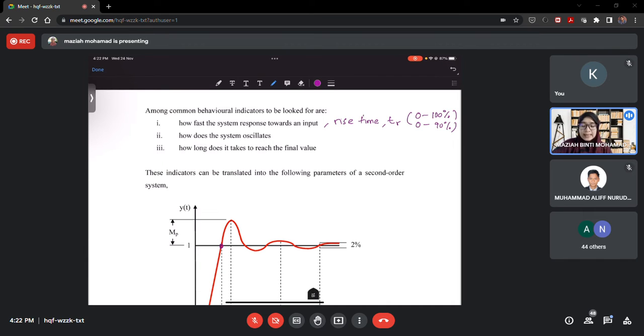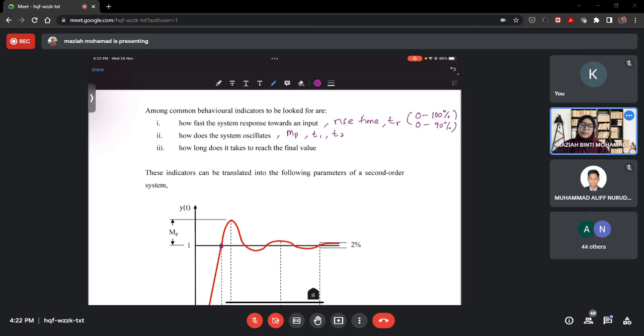The second indicator that we want to look at is how much oscillation will be produced by the system. The oscillation is explained by the parameters MP, T1, T2.